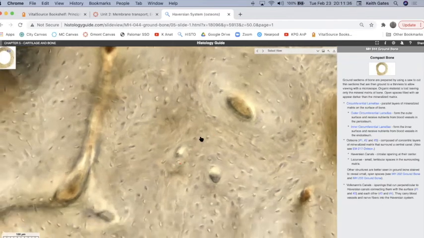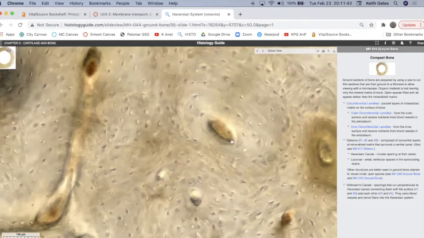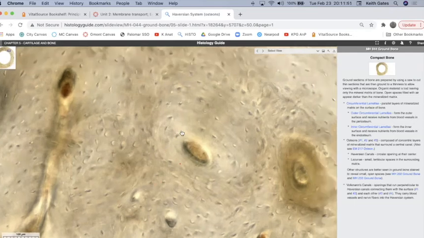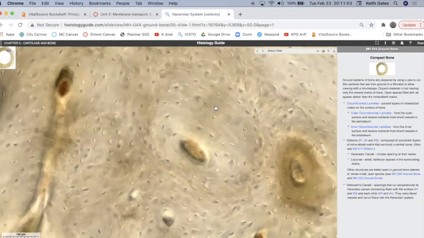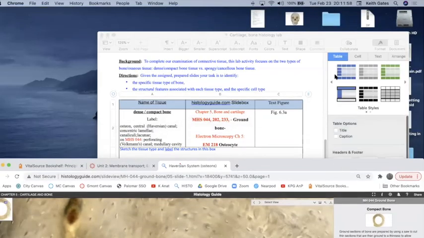So this is a perforating canal, and then this one's running longitudinally. You're looking at different aspects of them. And then everything around those central canals are going to be the osteocytes, if they were there, in the lacuna, right? And that's pretty much all the structures you could see for this particular M044.